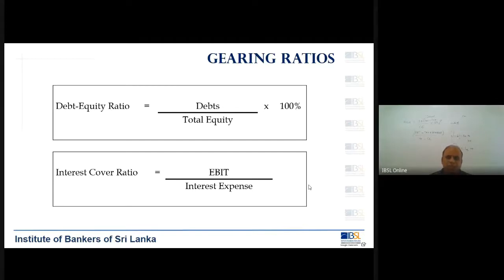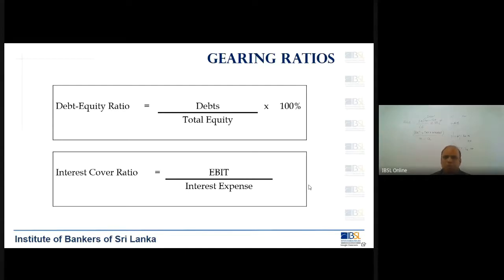That is why we call this a gearing ratio. Now, when the gear goes up, what happens? You might enter into accidents. But if the gearing is very low also, what will happen? Your vehicle may not move. So you have to balance your gearing in order to have a better driving speed. Likewise, in businesses also, the gearing cannot be very high and cannot be too low.